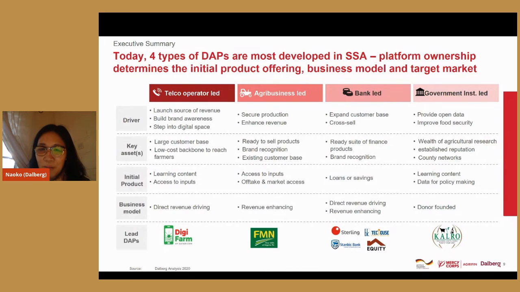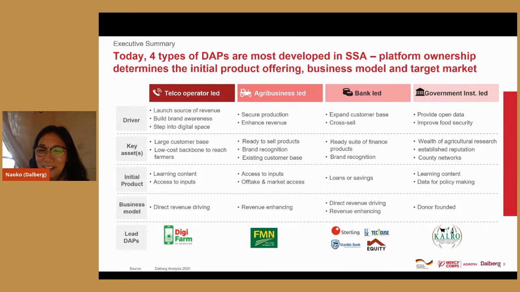How do they work with the partnership? We looked at the 4 categories I mentioned. Those are telco-led, agribusiness-led, bank-led, and government-led.